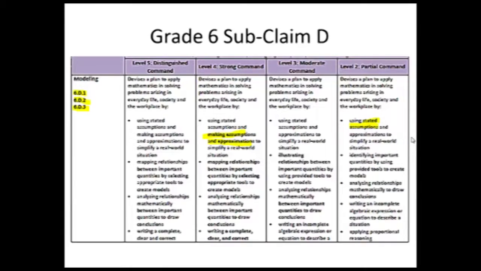And so you're going to give them a scenario where everything isn't laid out for them. And so they have to be able to describe what assumptions they're making, realize what impact those assumptions are making, from just identifying the important quantities to illustrating relationships. That's a level of sophistication that students won't have tomorrow.